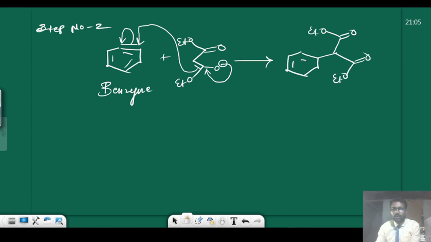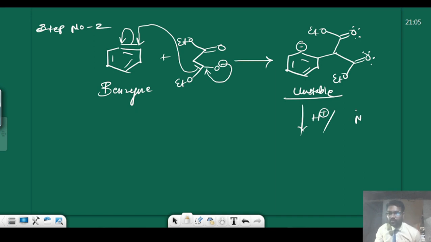Here one anion is generated, with two lone pairs present on the oxygen. Still it is unstable, because charged species are unstable. Again it will take a proton from the solvent medium, or NH4 plus.